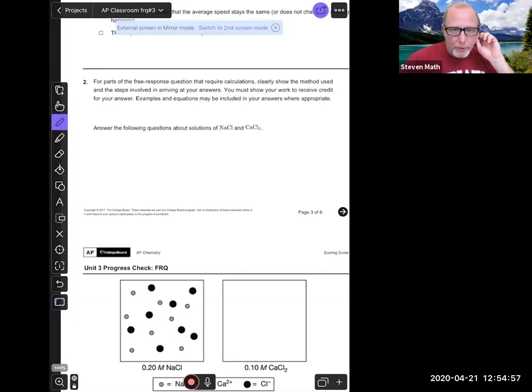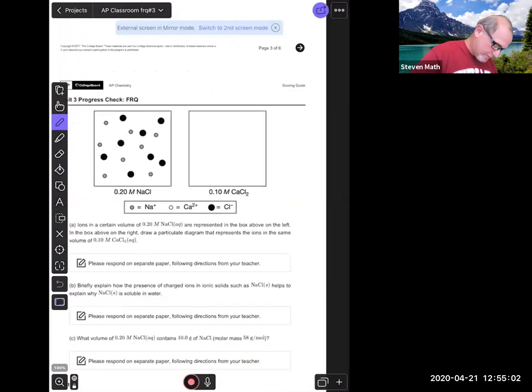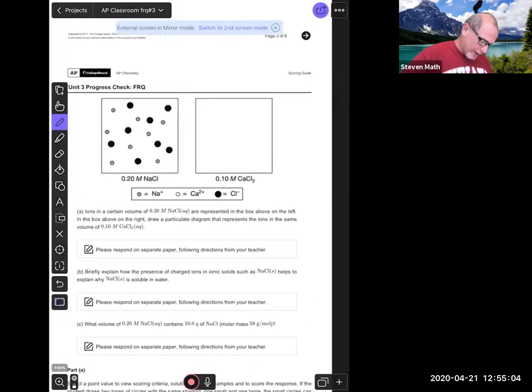Now in 2, we had NaCl and we had CaCl2. We had a couple of different questions. We had 0.20 NaCl represented, 1, 2, 3, 4, 5, 6, 7, 8, and those are my Cl minus. My Ca's are my whites. In the box represented above and to the left, draw a particle diagram that represents the ions in the same volume of 0.10.